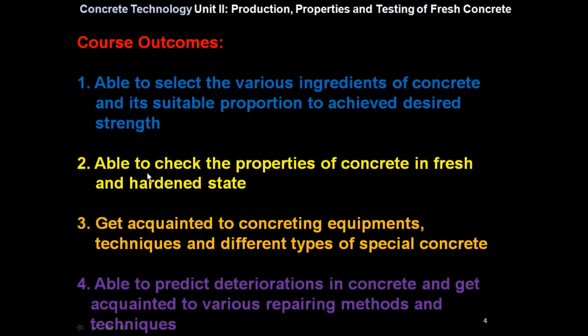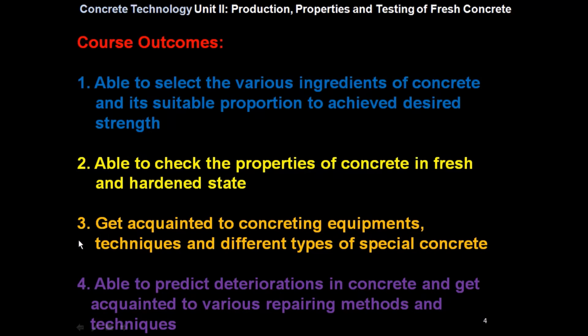Now we will see the course outcomes. The students will be able to select the various ingredients of the concrete and its suitable proportion to achieve desired strength. Second, students will be able to check the properties of concrete in the fresh state and hardened state.